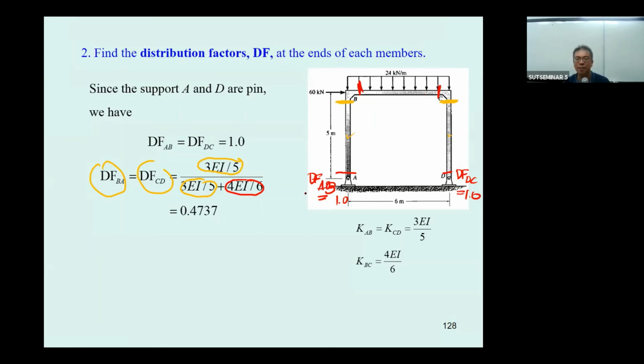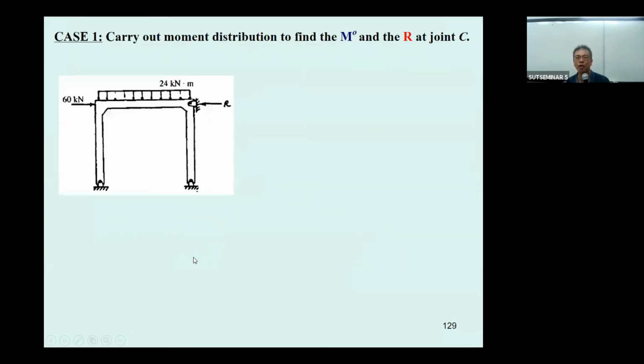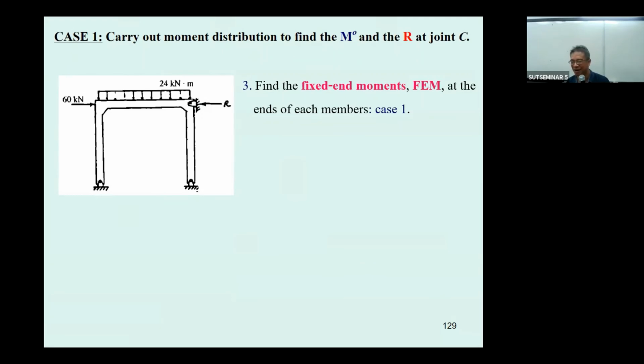It's going to be 1 minus 0.4734. You got this one. Okay, and then you put it into the table. I will put it into the table and show you how to do it later.